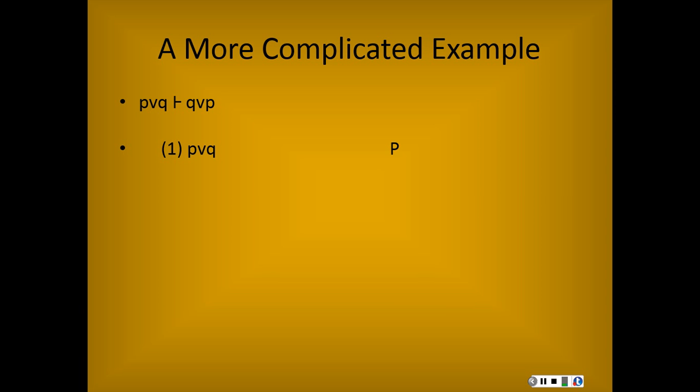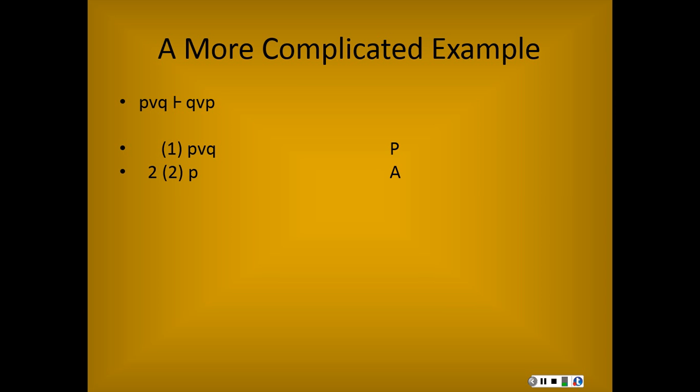So let's do this one bit at a time. So my subsidiary goal right now is to prove the conditional if P, then Q or P. So since I want to prove a conditional, my strategy for proving conditionals tells me that I should go ahead and assume the antecedent and try to get the consequent.